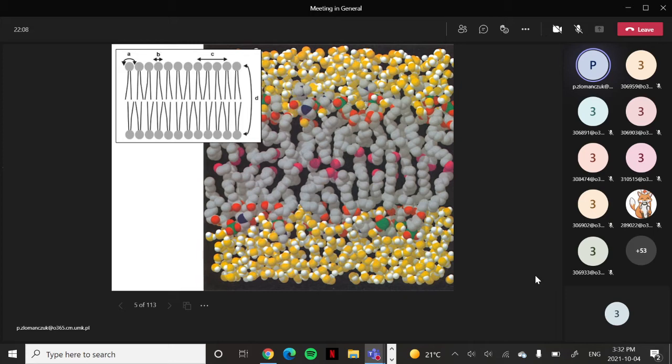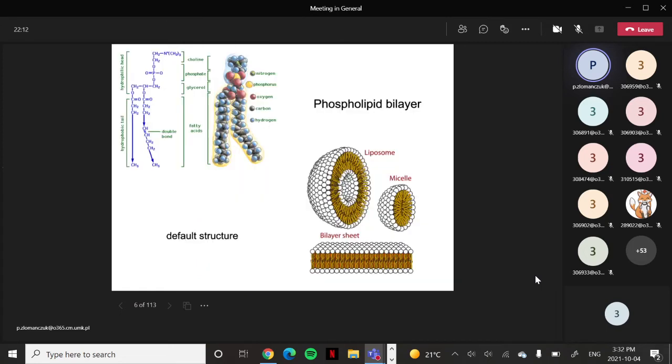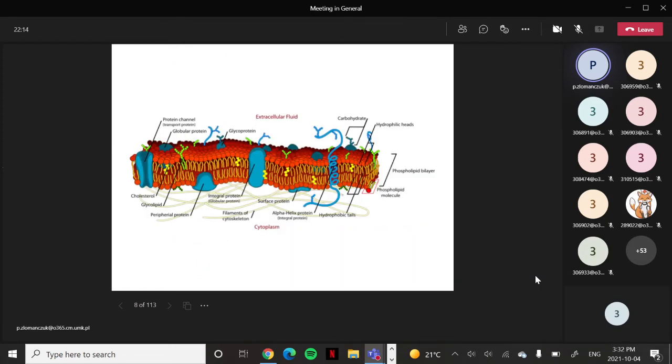The cellular membrane is a quite complex structure, and here is maybe a better picture of it. It is complicated both structurally and functionally, but we can indicate two basic functions of the cellular membrane.